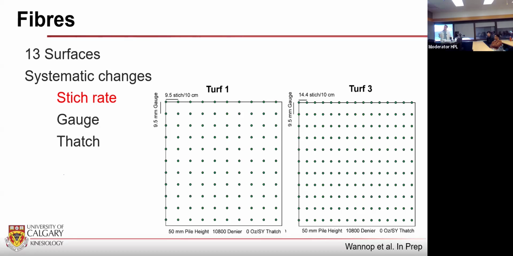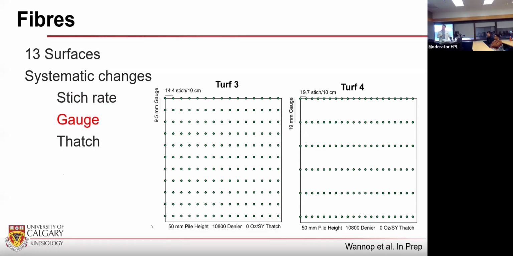There's more fibers in turf 3. The second was the gauge, that is the distance between adjacent rows of fibers. Comparing turf 3 to turf 4, turf 3 has a gauge of 9.5 millimeters, while turf 4 has a gauge of 19 millimeters.